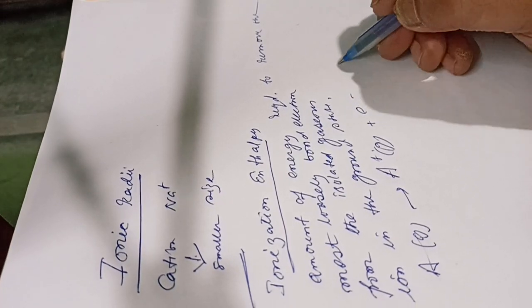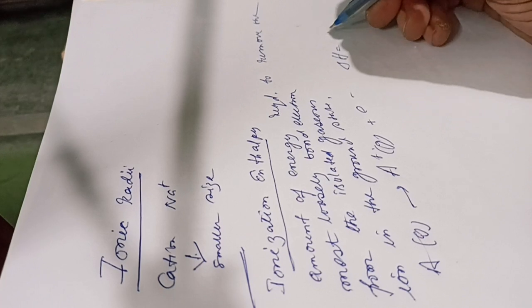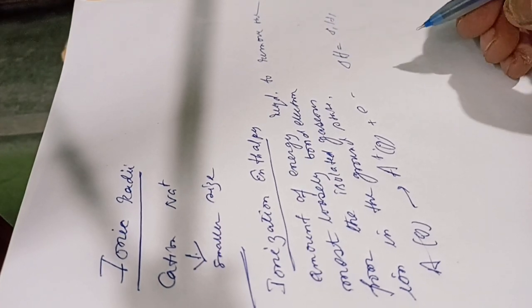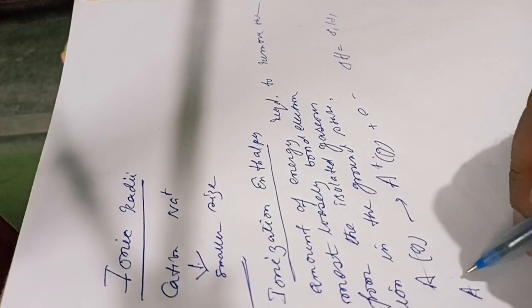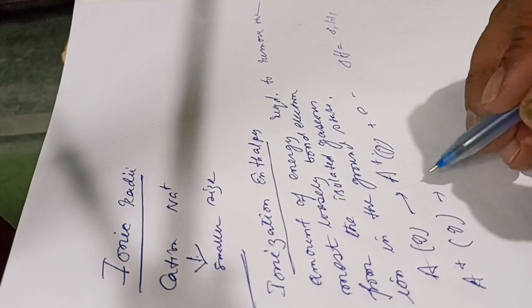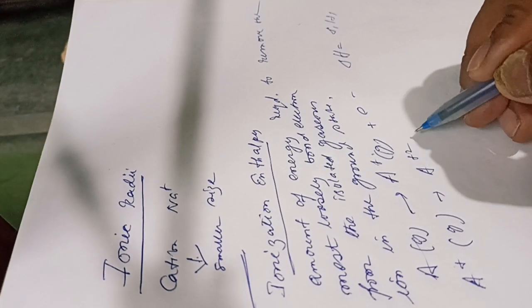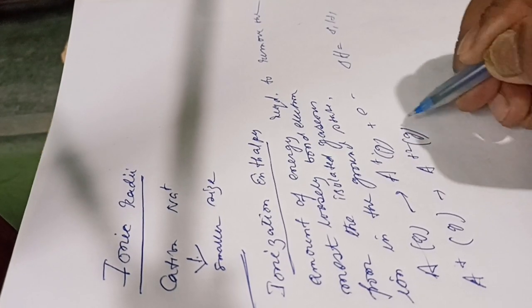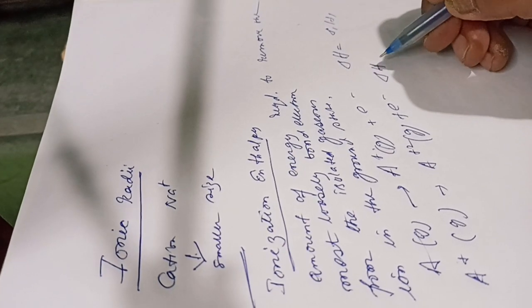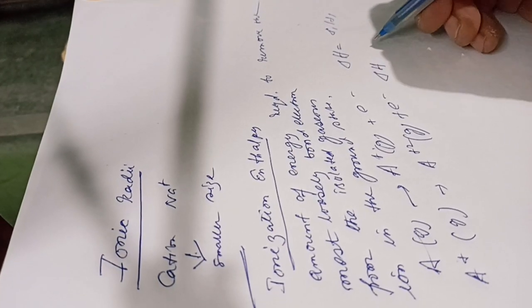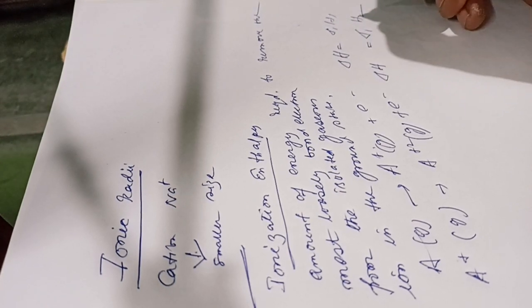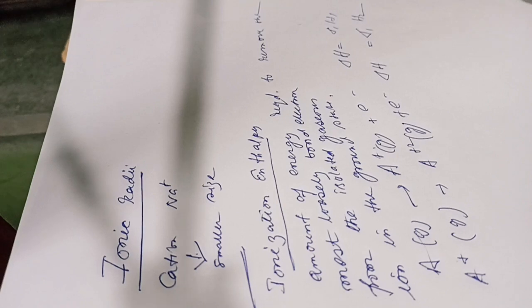Here the enthalpy change delta H equals delta 1H1. Then the next one, A plus (g) again loses an electron, forming A 2 plus (g) plus e. Here delta H equals delta 1H2. It is for a unipositive ion.